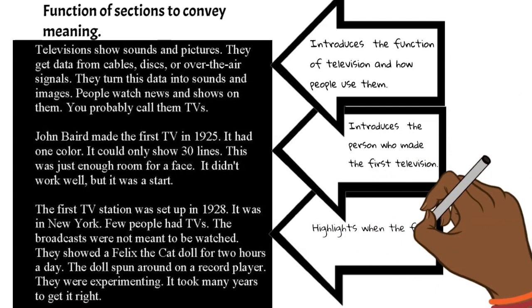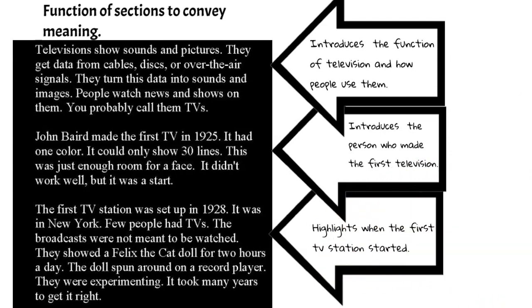They get data from cables, discs, or over-the-air signals. They turn this data into sounds and images. People watch news and shows on them. You probably call them TVs. So we know that that paragraph there, that text section there, is to help give information and define what televisions do. It introduces the function of a television and how people use them.